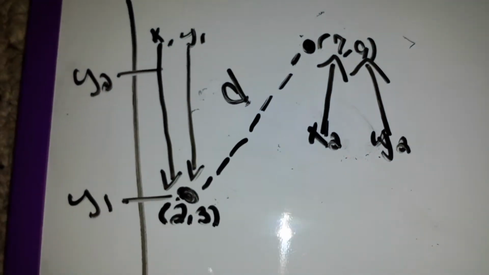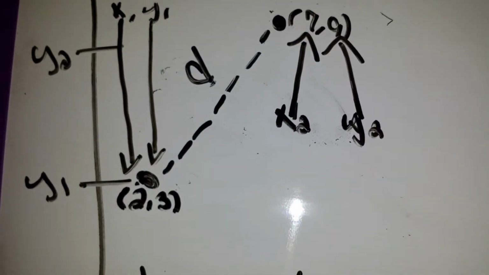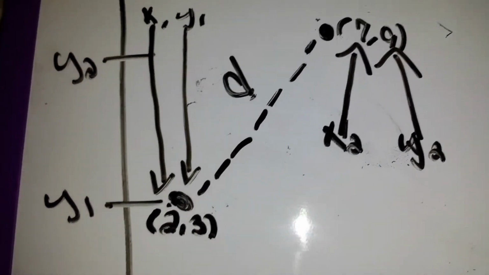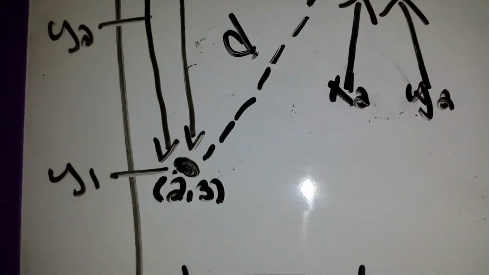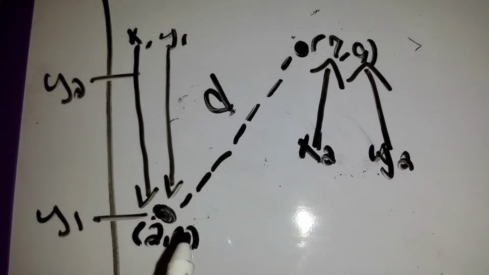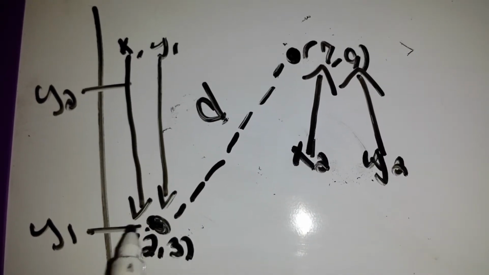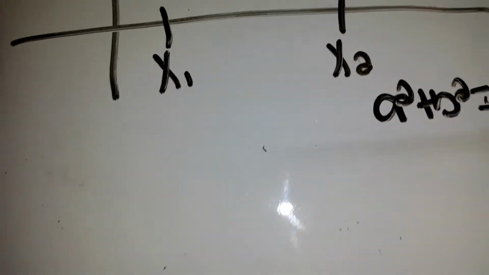So now I've actually put in numbers for x1, y1, x2, y2. So I made this point right here a 2, 3, and this one 7, 9. So now we can use the distance formula.